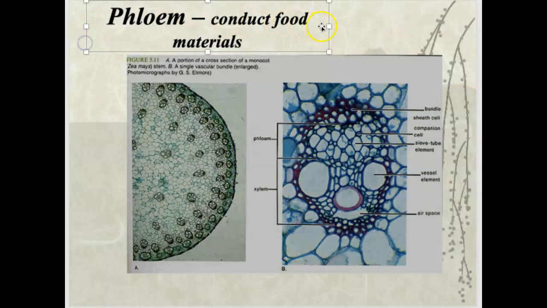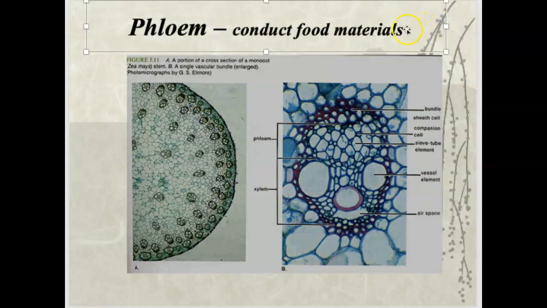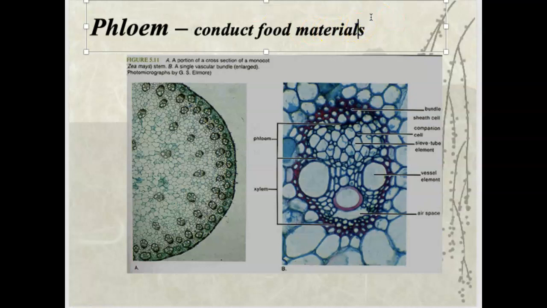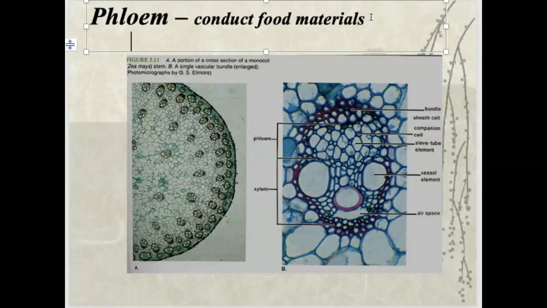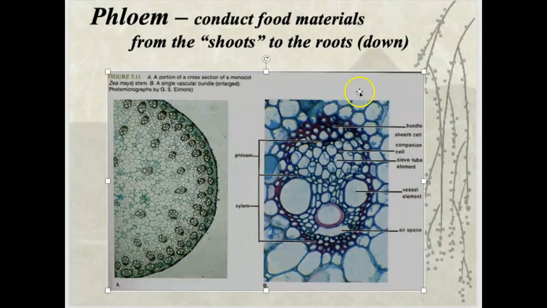Let me stretch this out so we can see it better. This will transport food materials from the shoots to the roots. Basically, it's going down. All right, so that is the general idea behind the phloem.